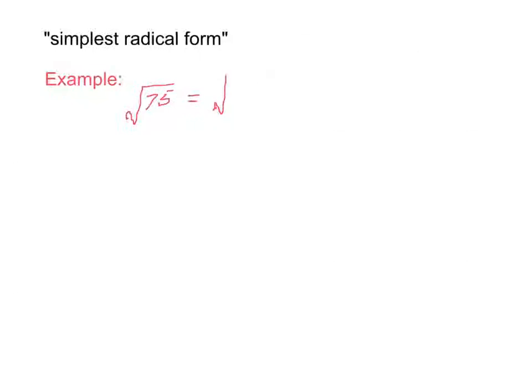So the square root of 75 is simply equal to the square root of 25 times 3, which is equal to the square root of 25 times the square root of 3, or simply 5 times the square root of 3. Okay, now this is in simplest radical form.